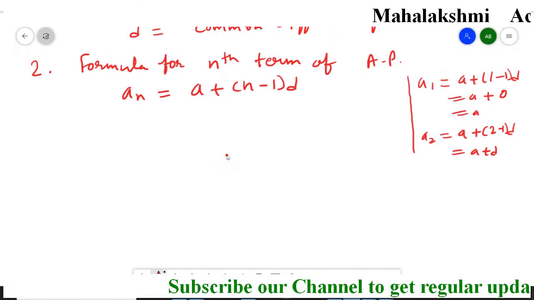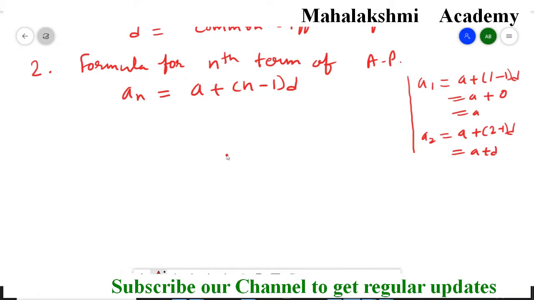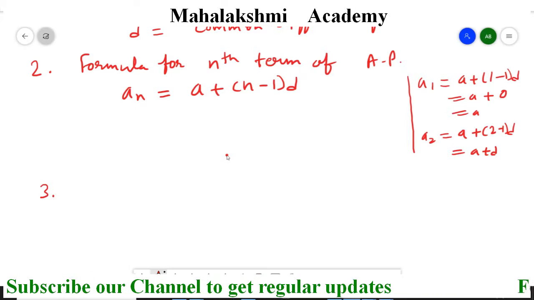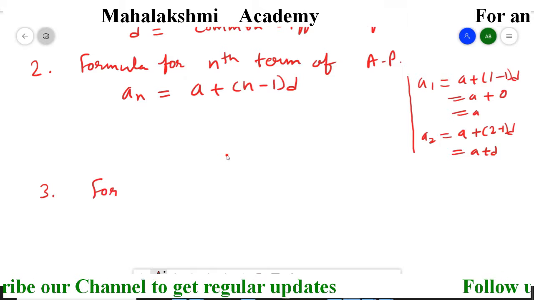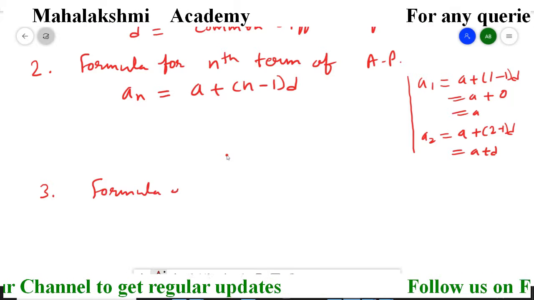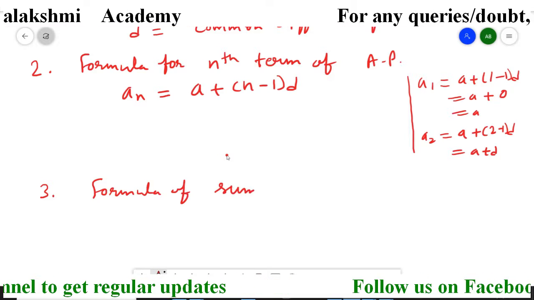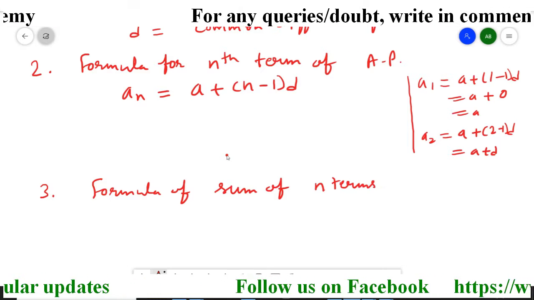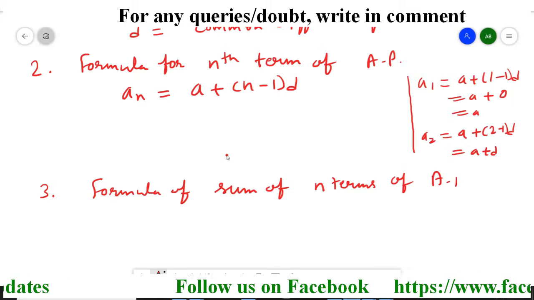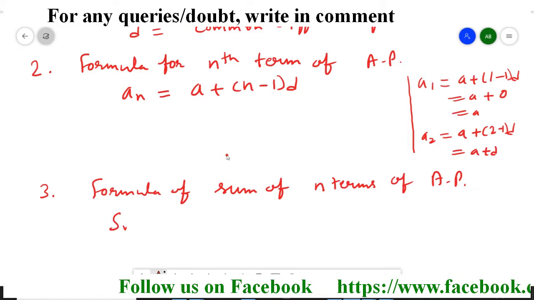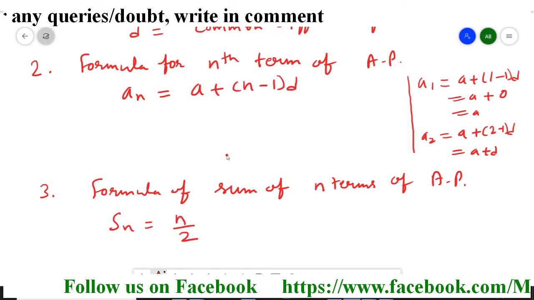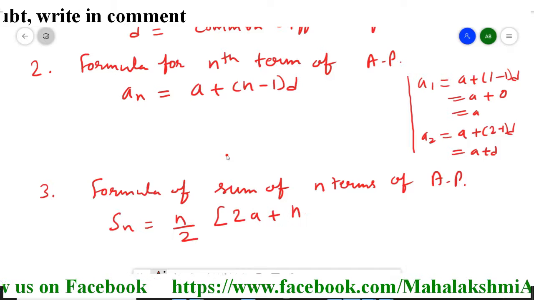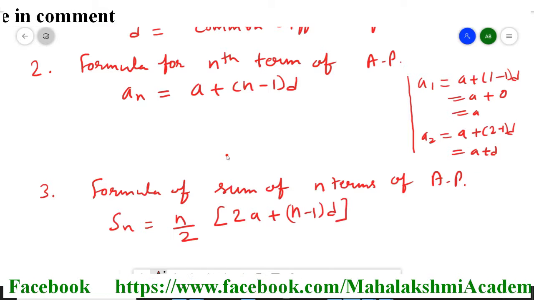Now one more formula we are going to handle in this exercise, the formula of the sum of n terms of AP. It is S_n equals n upon 2 bracket 2a plus n minus 1 d bracket close.